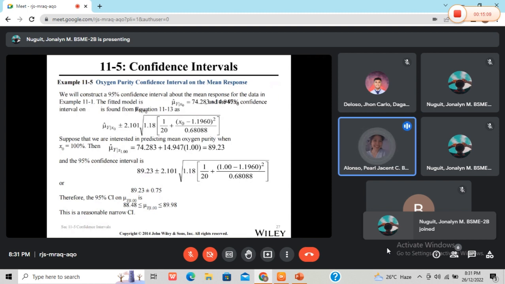So, suppose that we are interested in predicting mean oxygen purity when x sub 0 is equal to 1%.